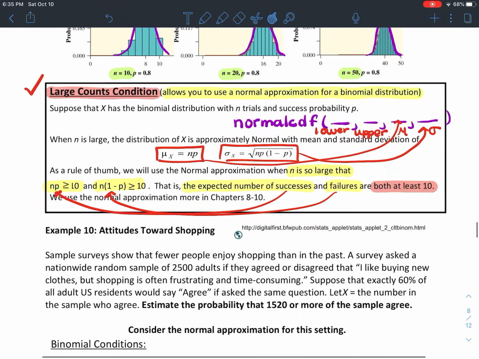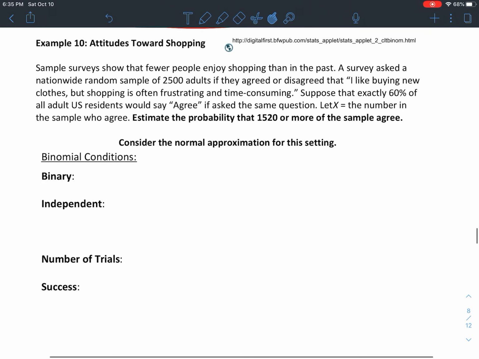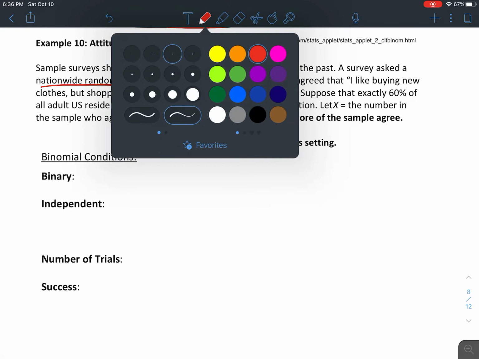Okay, so let's put this in action with one problem here, talking about a survey done on people's attitudes towards shopping. It says sample surveys show that fewer people have been enjoying shopping than in the past. A survey asked a nationwide random sample of 2,500 adults if they agreed or disagreed that, quote, I like buying new clothes, but shopping is often frustrating and time-consuming.